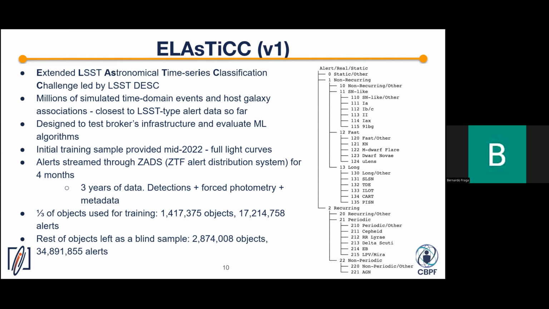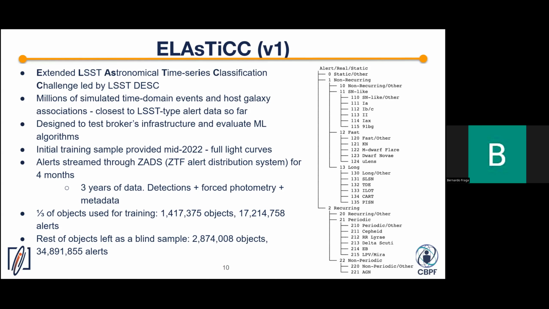Now, there are other works that use the Elasticc data set for evaluating classifiers. But I want to clarify something here. For the Elasticc data set, there was a training sample provided in mid-2022. They were full light curves. It's a static data set that the Elasticc team provided for training purposes. Sometime after the availability of the training sample, the DESC team started streaming the alerts themselves through the ZADS for 4 months.